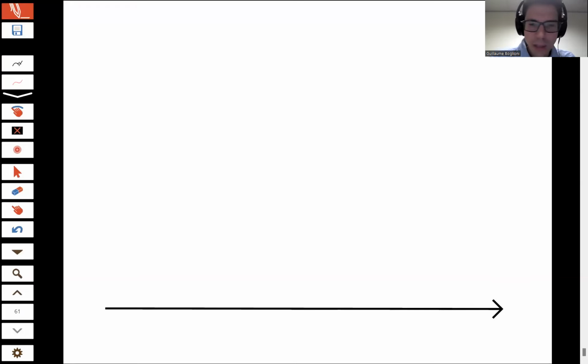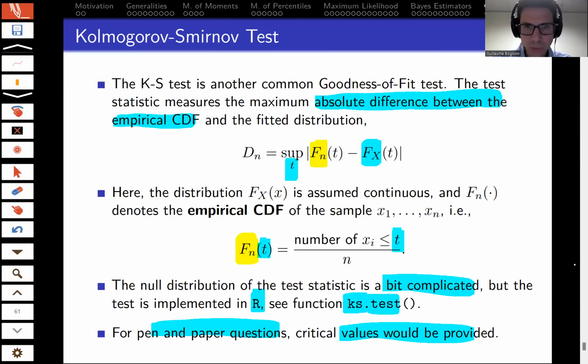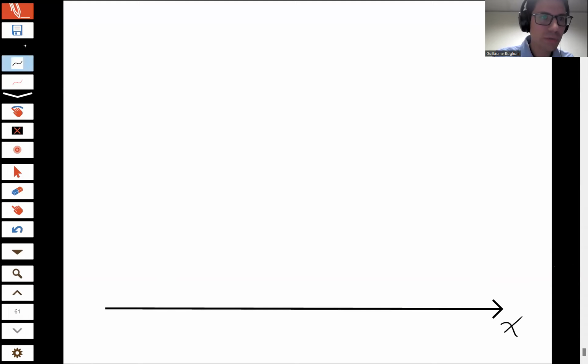Now you have observed a sample x1, x2, and so on. Let's first consider the empirical CDF. Let's remind ourselves what this would look like visually.